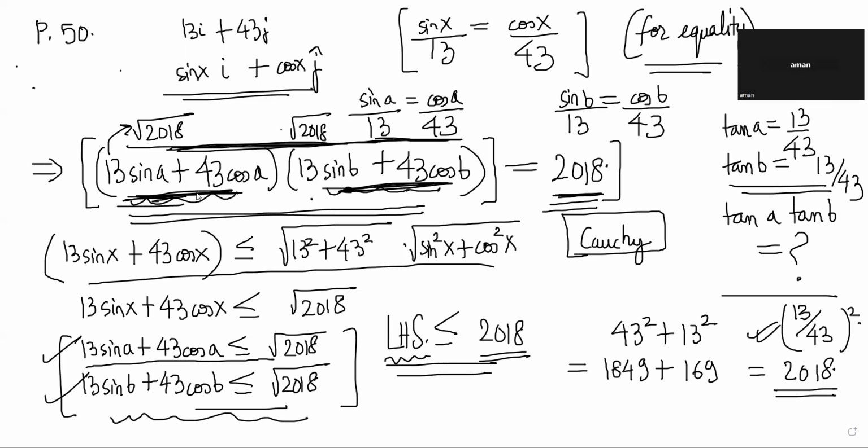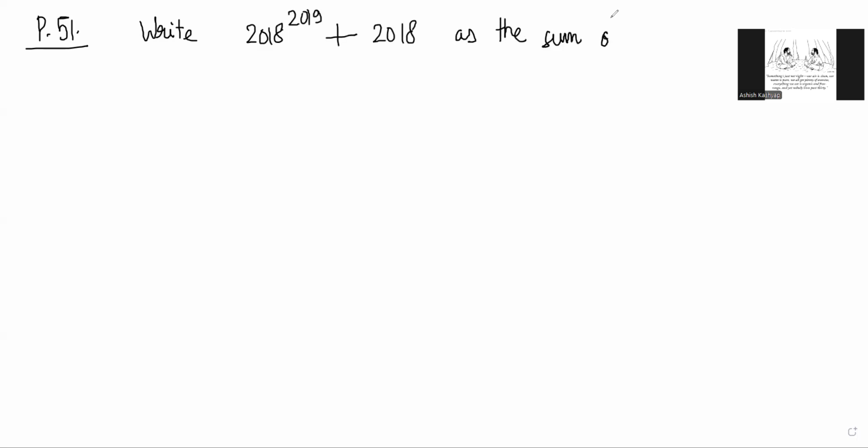Yes, sir. Okay, then we'll move on then. Problem 51. Problem 51 is: write 2018 to the power 2019 plus 2018 as the sum of two perfect squares.